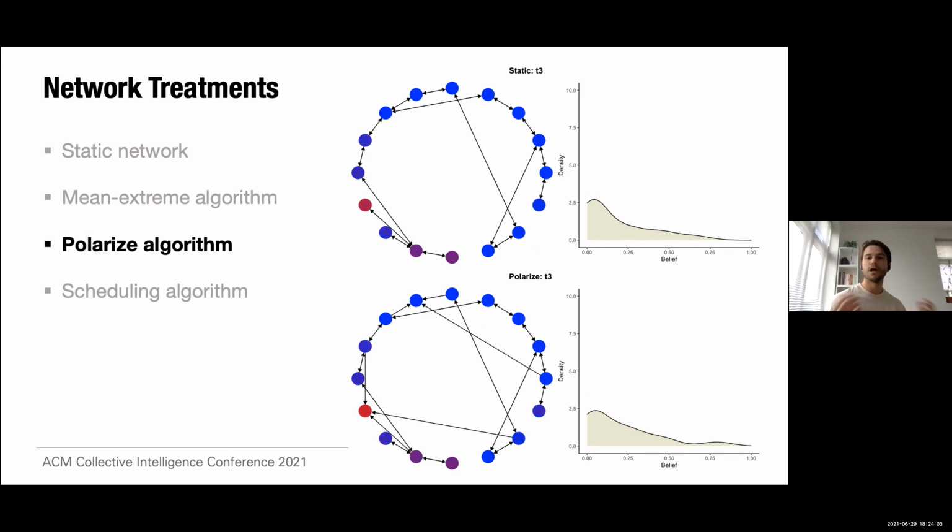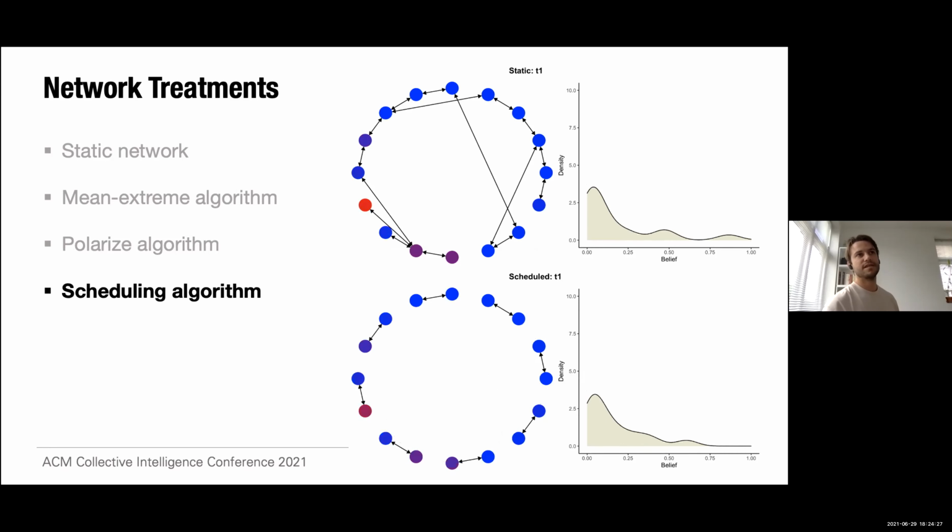And then it will broadcast these extreme beliefs, so the beliefs of the polar agents, to the median agents in the network with directed ties. And once again, the main takeaway here is that this algorithm simply aims to lead a network's belief distribution to be more widely dispersed after communication.